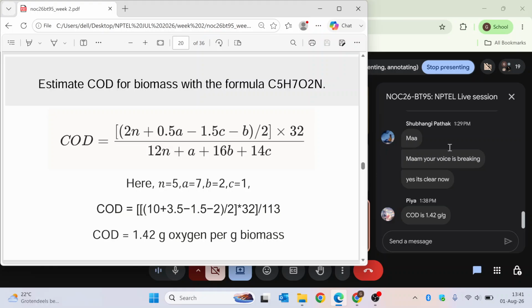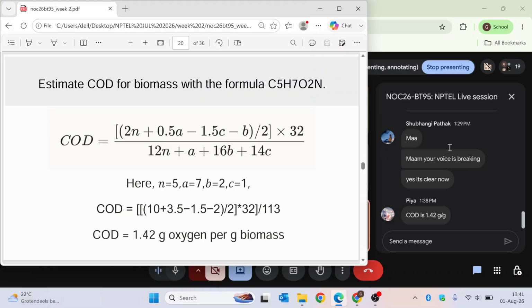From where we derive this: let's say we talk about complete oxidation of a compound which has the molecular formula CnHaObNc. Then there is some amount of oxygen required for the complete oxidation.